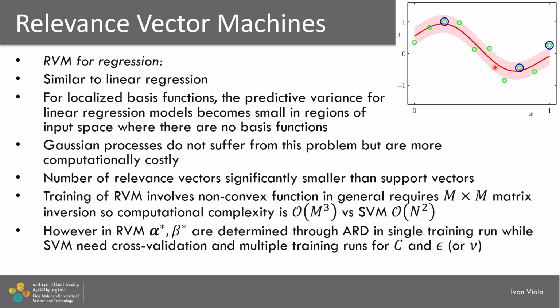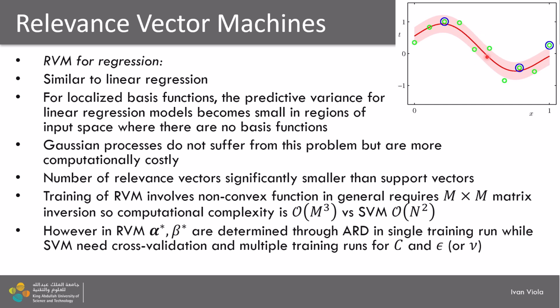It needs to be mentioned that these localized basis functions, like for example the Gaussians, have predictive variance for the linear regression models that becomes small in regions of input space where there are no basis functions. Meaning, here I would not have basis functions, but the variance is not increasing, it is small.